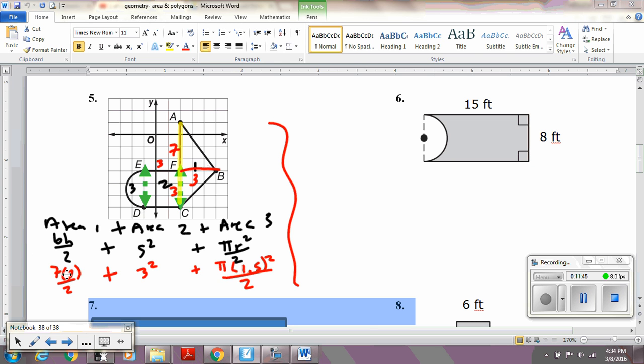So let's see what I can take care of in my head first. 7 times 3 is 21. 21 divided by 2 is 10.5. Plus 3 squared is 9. Plus pi times 1.5 squared over 2. Now we can grab our calculator.